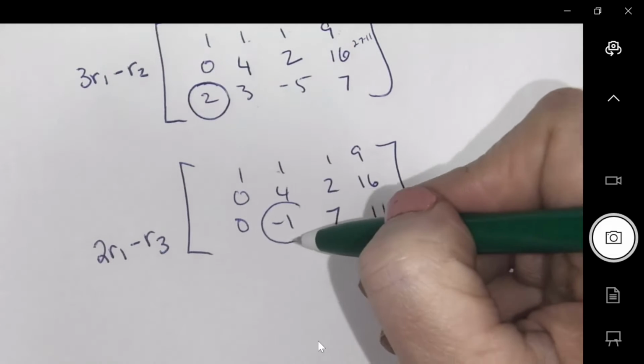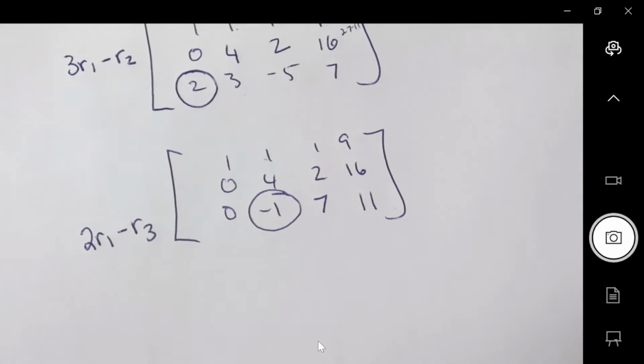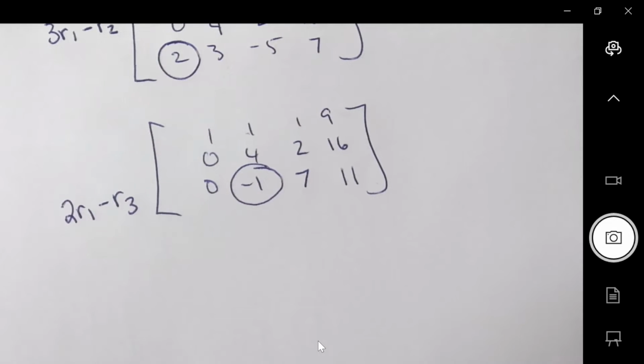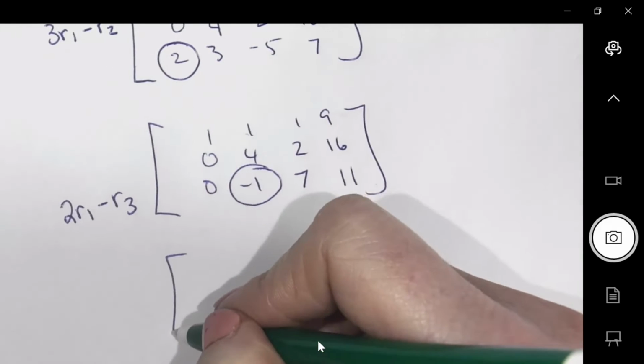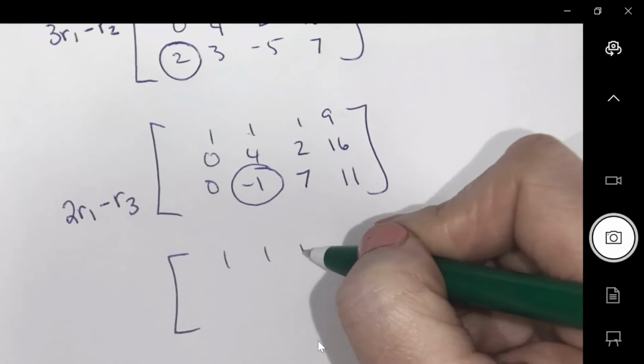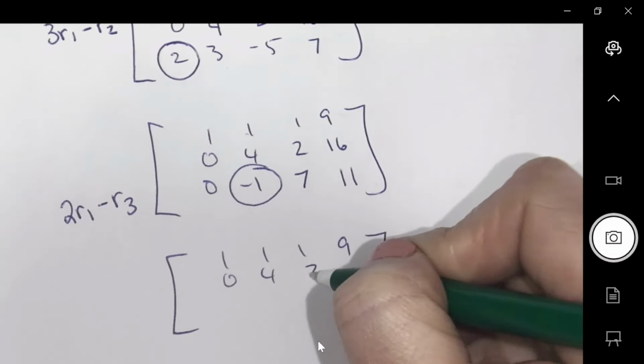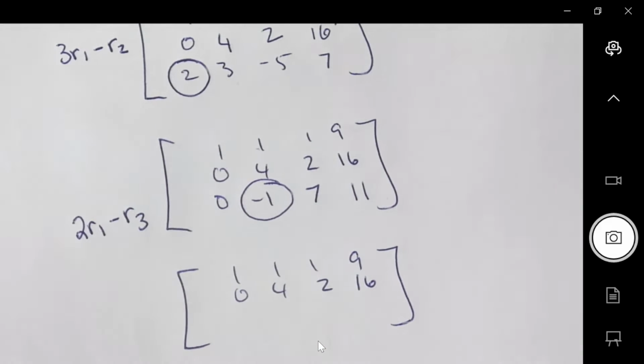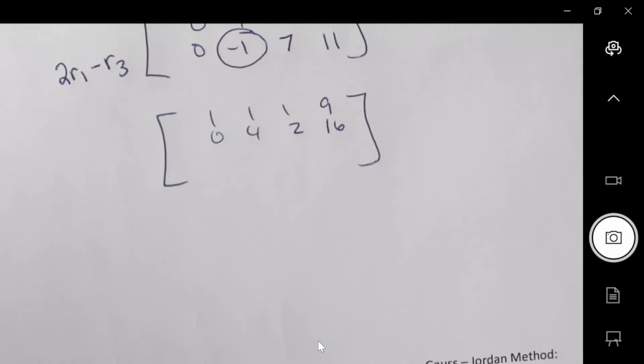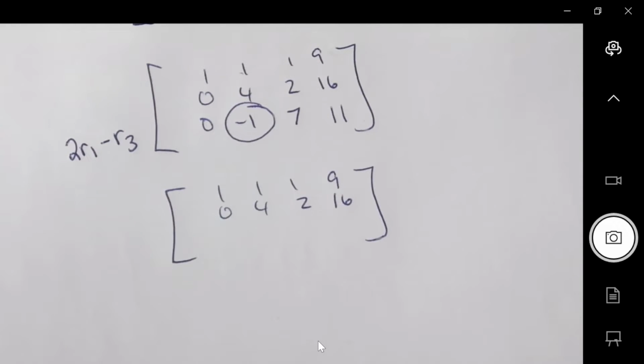And the last is this one. And then I'm good. So I have to zero that out. So I'm going to rewrite the first 2 rows. Okay, now here's something important to remember.